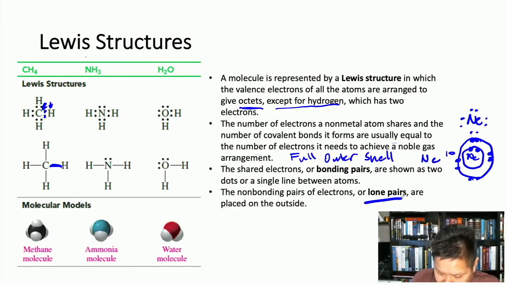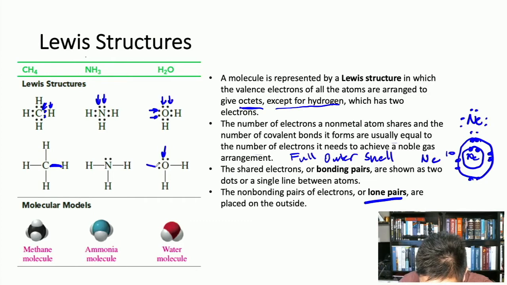So, for example, in this nitrogen here, there are two lone pairs, or non-bonding pairs of electrons. And in oxygen, there are 2 sets of non-bonding electrons, right there and right there. It's much easier to see on the ones that have the lines to represent bonds, because then the lone pairs really do look alone.